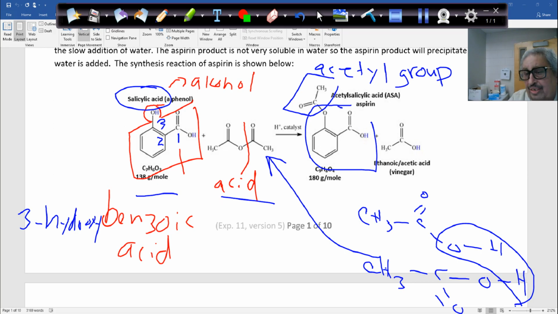The whole thing is salicylic acid. Then you get from the acid this acetyl group, and this is esterification. That's an ester. And then the second acetic acid will come as a byproduct. So this acetyl salicylic acid is called aspirin.